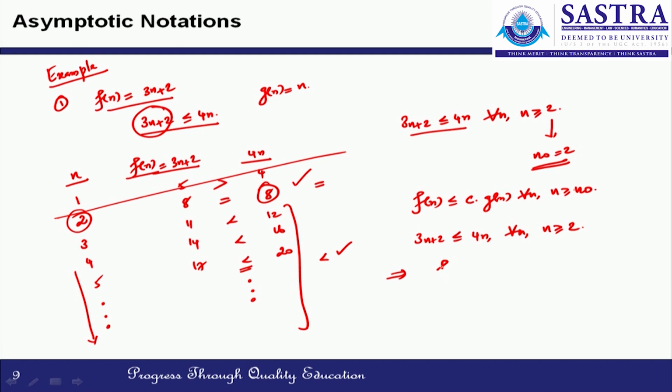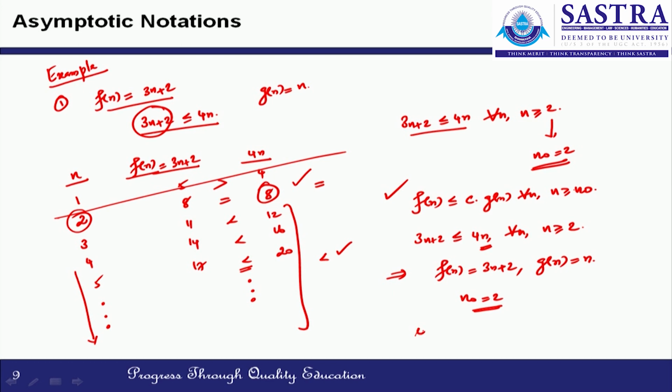This implies f of n is equal to 3n plus 2, g of n is equal to n, and n0 is equal to 2. Since f of n is less than or equal to c into g of n for all n greater than or equal to n0, the inequality is satisfied.